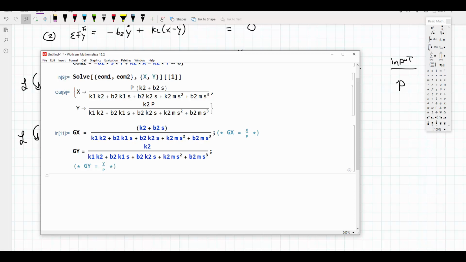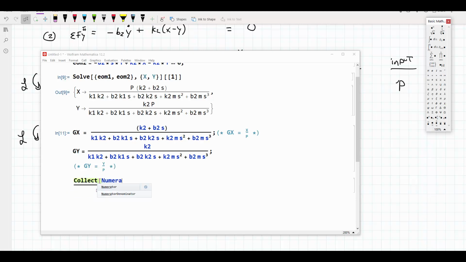That's not too bad here, but I want to write this in a standard form where I have a single coefficient in front of an s cubed, s squared, s, and a constant. So what I can do is rewrite this and say collect numerator.